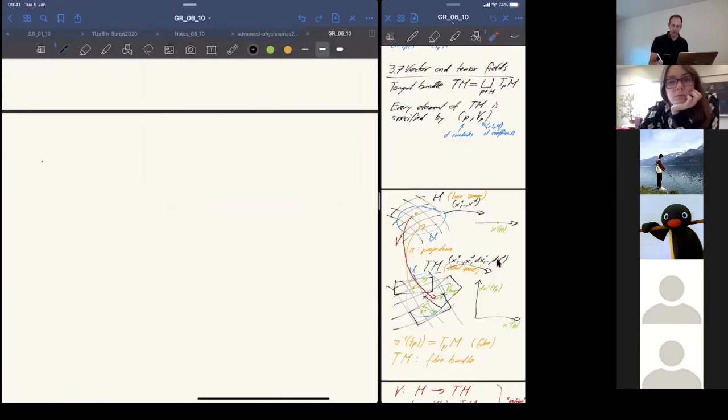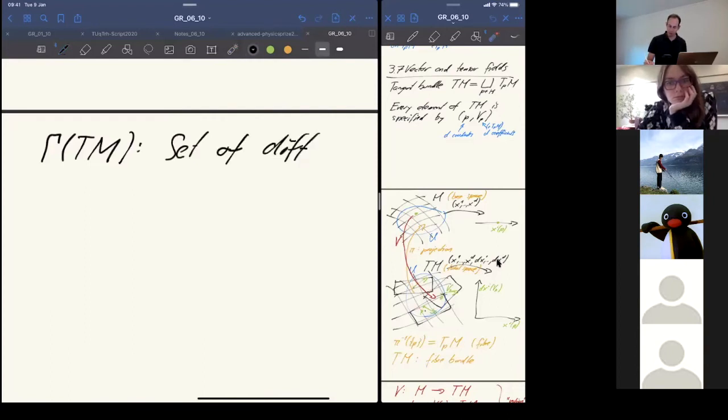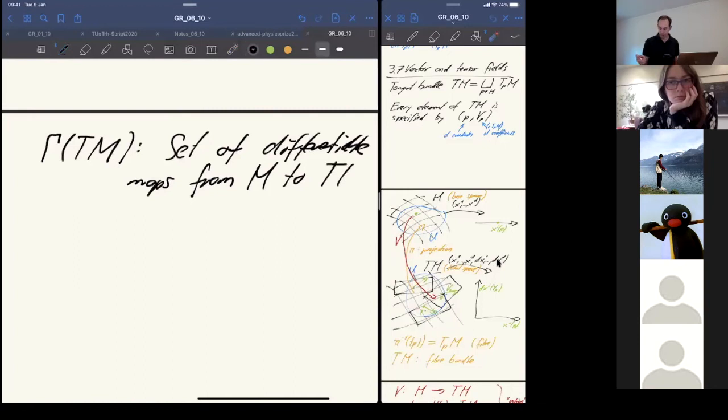Now, I will, however, use very often the following notation. Gamma of M, of TM, will be the set of differentiable maps, or so the sections, what I just said, from M to TM that have the property above.